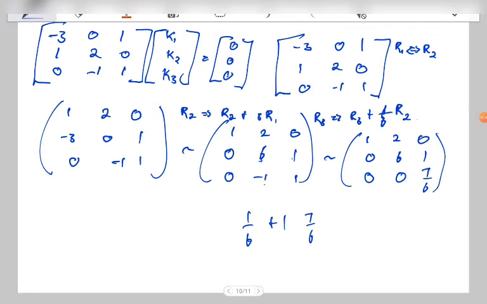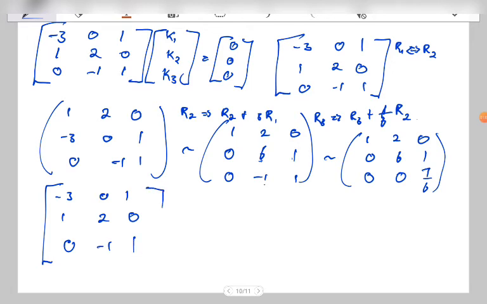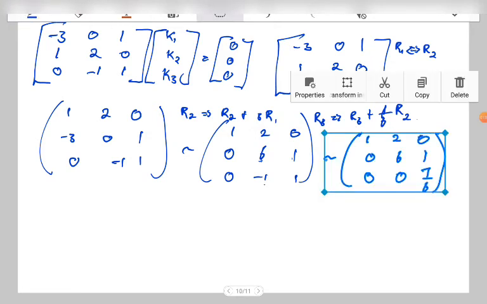So now you can take this back to this position, and try to find k. So when you take it back to that position, you're going to have minus 3, 0, 1, 1, 2, 0, 0, minus 1, 1. So you multiply it by, okay, so I was supposed to write this here. I was supposed to substitute it once because of wasting time.